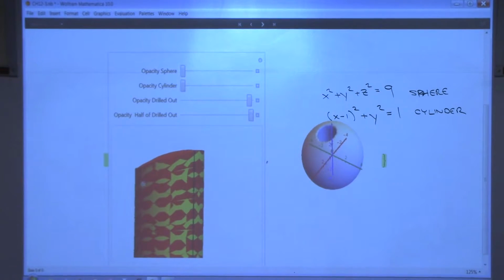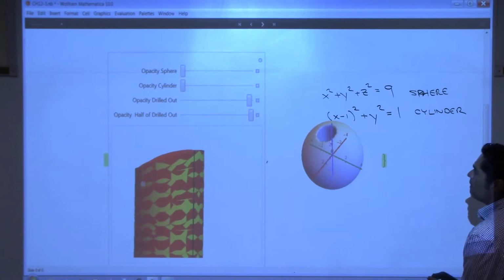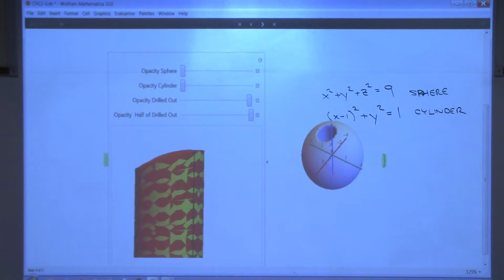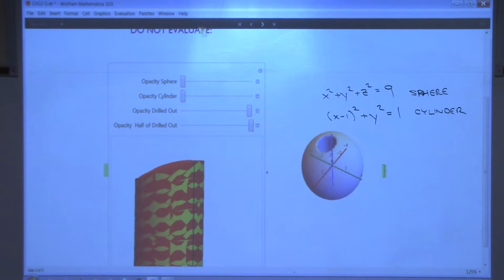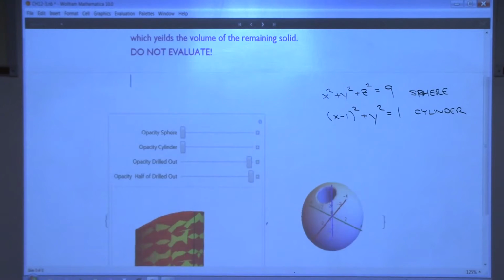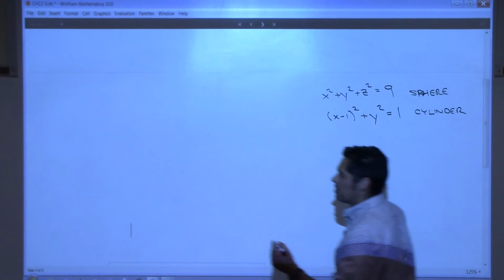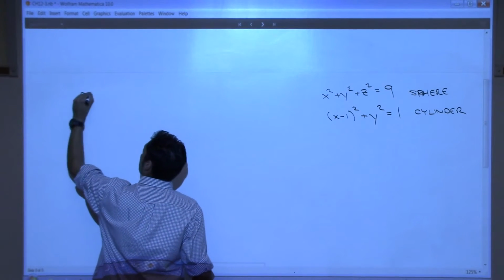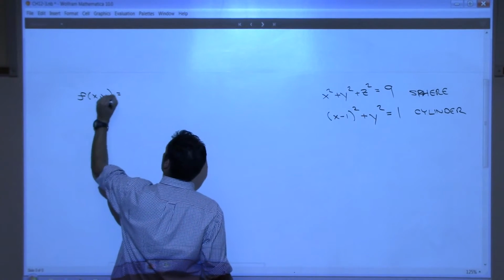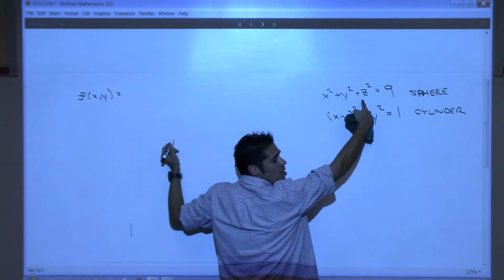So let me kind of write what I've said down here. I'm going to go with the approach. My approach is going to be that we have a top function, f of xy, which is the sphere, but I have to solve it for z, don't I?